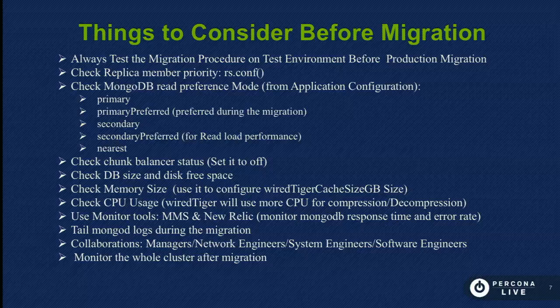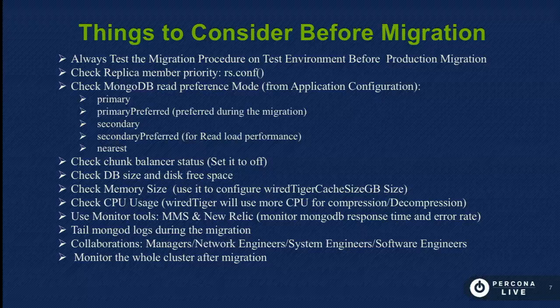This part is about thinking from the application side. In our case, we use 2 secondaries, and we point our read traffic to the secondaries. So in our application, we set the read preference mode to secondaryPreferred.